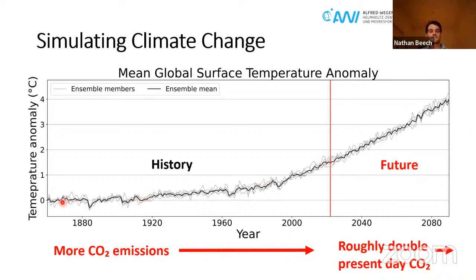But since these changes are so consistent when we model them 5 different times, we can rely on them better than if we just had one example. And so the darker black line in the middle is just the mean of all those simulations, which we call ensemble members.